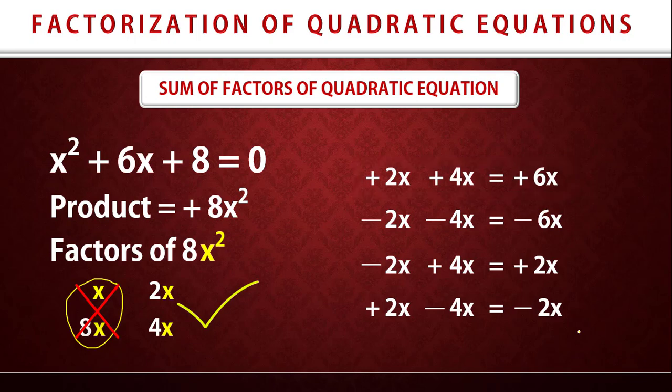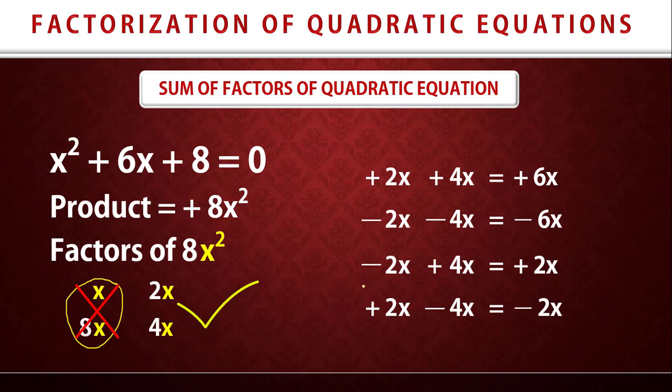Another point to note: if your product is negative, maybe you have product equals minus 8x squared, we're just assuming, that's the time you need to make use of opposite signs, minus with plus, or plus with minus. You got the idea now.